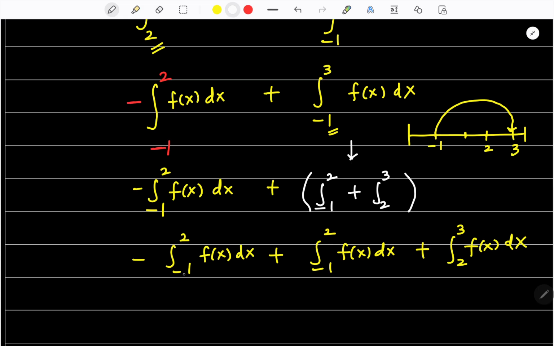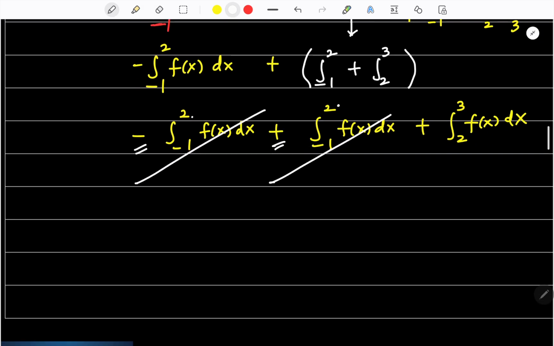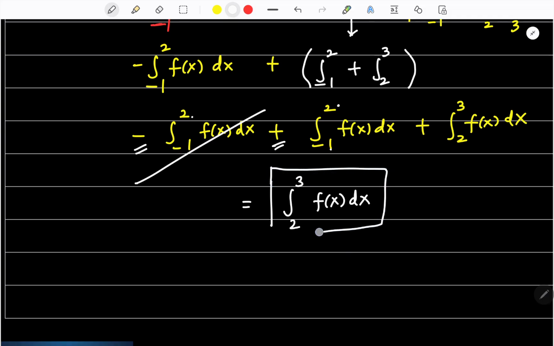You look here, minus 1 to 2, minus 1 to 2: one with plus, one with minus. This gets cancelled. So what is your final answer? Integral 2 to 3 f of x dx is going to become your final answer. Clear? 2 to 3 is your final answer. This is going to be a single integral.